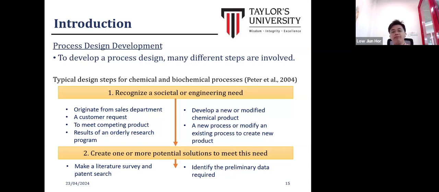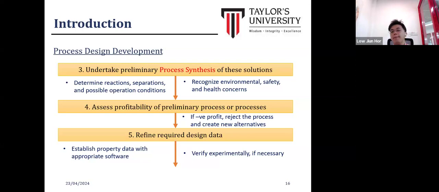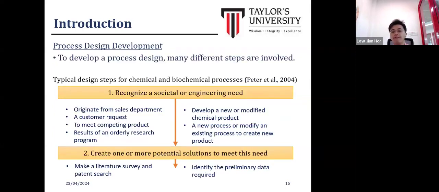Sometimes, depending on the nature and the type of the chemical plant that you are going to design, even if you follow the framework or steps given by Mr. Peter for your design, you may need to modify a bit the elements or stages involved in the framework.